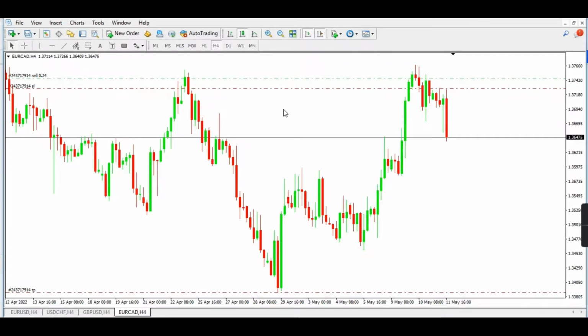Whenever your edge presents itself, take the trade, because you have no idea what's going to happen on that particular trade. All you're doing is simply taking a calculated, educated guess, because you don't know for sure whether a trade is going to win or lose, right?